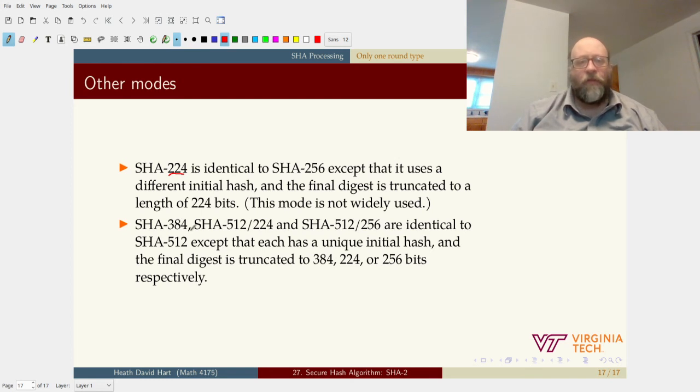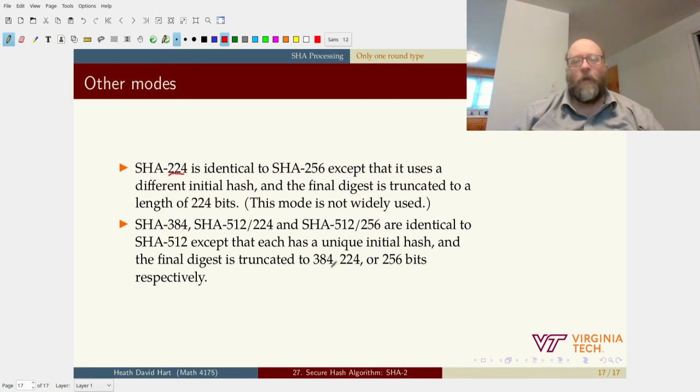And then these other modes, they're absolutely identical to 512, except that they have an initial hash that's different. And they're all different from each other. Each of these modes has a different unique hash. But once we're done, we just truncate the final digest to one of these different block sizes.